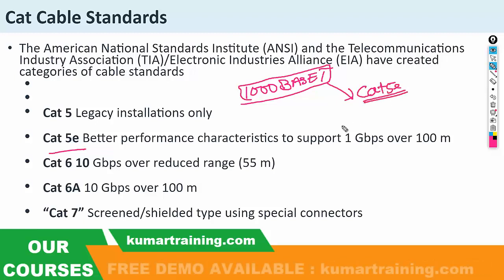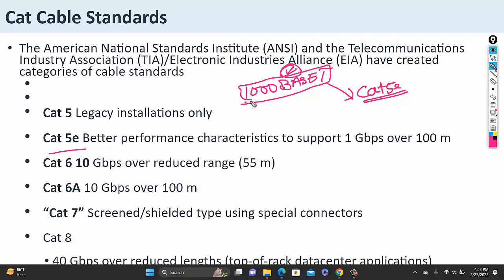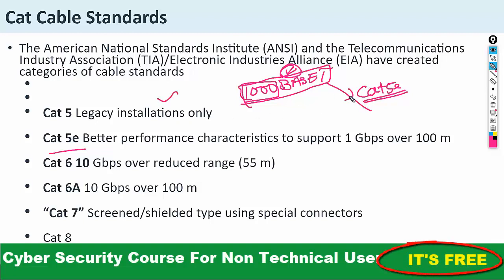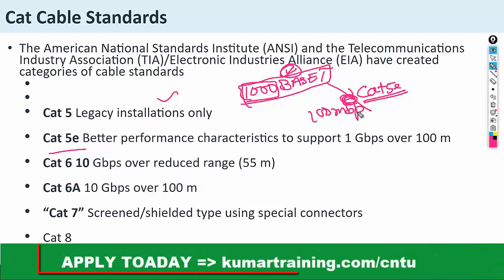Otherwise, the Ethernet adapter has the capability to process 1000 Mbps or 1 Gbps, but if the cable is only CAT 5, the data will transfer at only 100 Mbps. Got it?